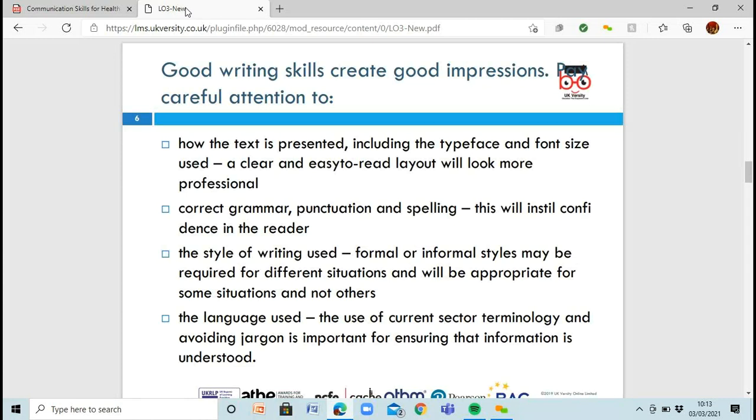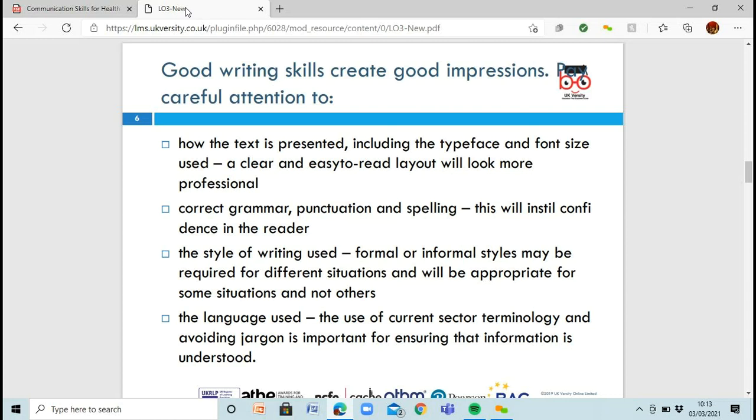Now, when we think about writing skills, whether you're doing handwritten, or on the computer, or on an iPad, regardless of that, you've got to make sure that you're following the following steps. You've got to make sure the text is presented in a particular way. You don't want it to be all italic or any sort of fancy Calibri type of typefaces.